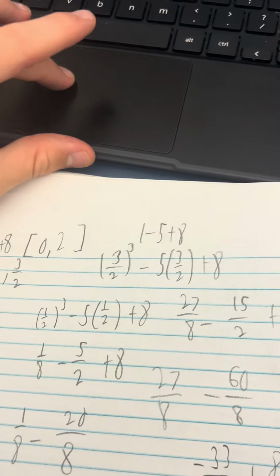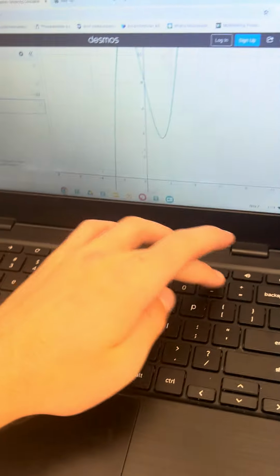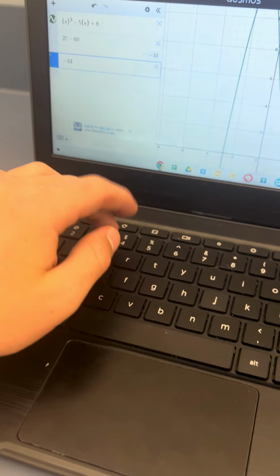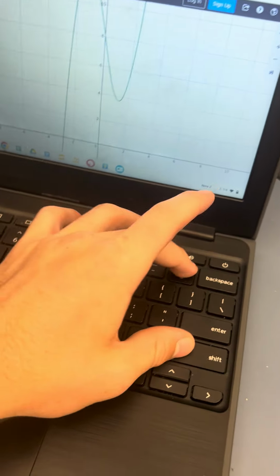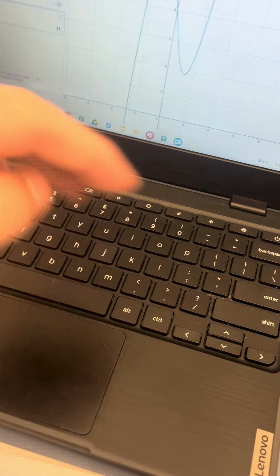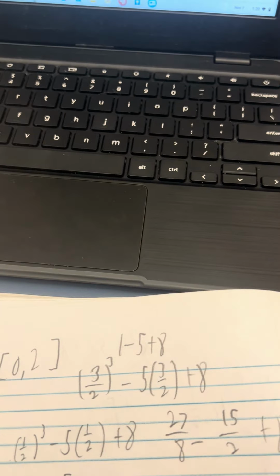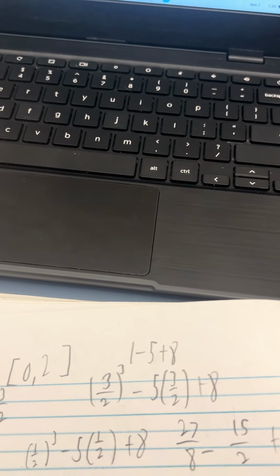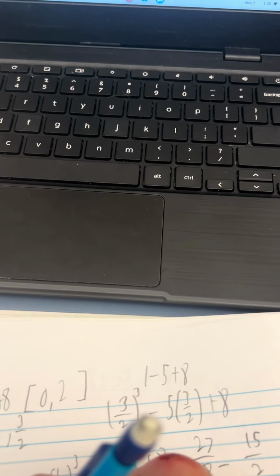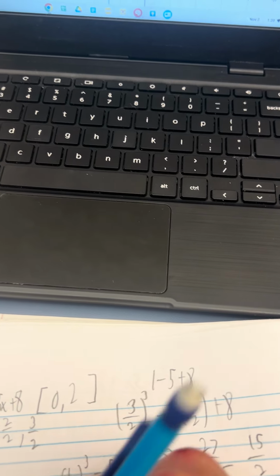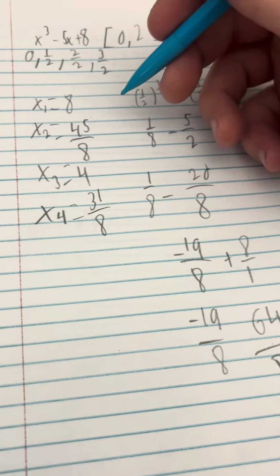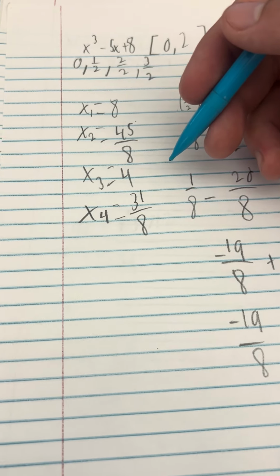Just got to add those two together. So negative 33 plus 64, 31/8. So f of 4 is 31/8. Now all we got to do is add all these together.